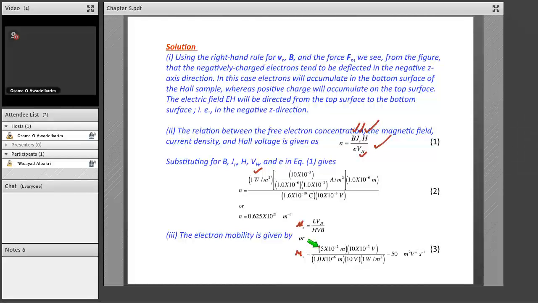So 50 millimeters, it's 5 times 10 to minus 2 meters, times V_H, the Hall voltage, which is 10 millivolts, divided by H, the width, which is 1 micrometer, times V, 10 volts, and 1 Weber per meter squared. And that gives us a mobility which is equal to 50 meters squared per volt second.